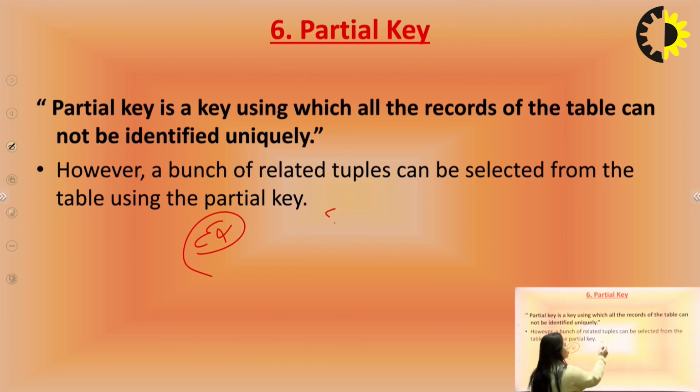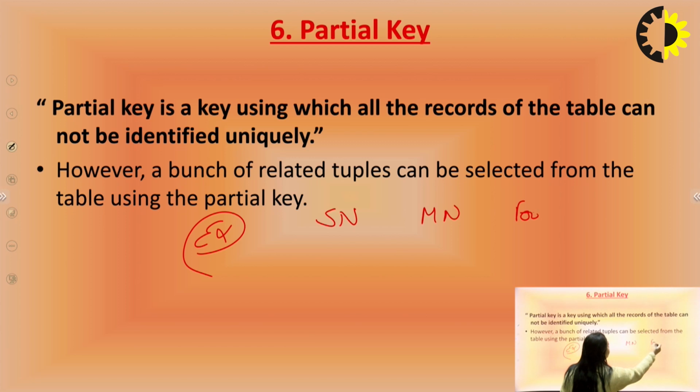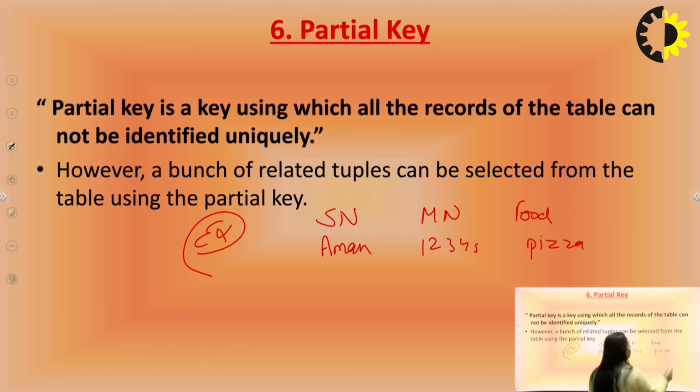We have student name, mobile number and food which that student likes. Suppose a student name is Aman, whose mobile number is 12345, and he would like to eat pizza. But it is possible that Aman may have another mobile number.